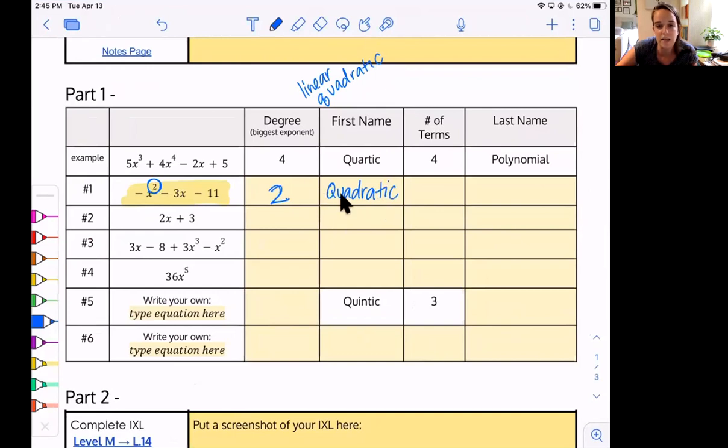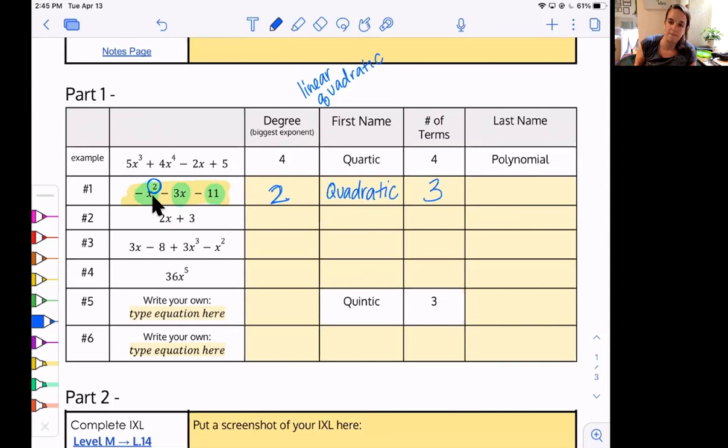Okay, so it's quadratic. And then the last name is based on how many terms there are. So how many things are being added or subtracted together? How many individual pieces are there? There's 1, 2, and 3, right? For sure. So this is 3. And then there's monomial, binomial, trinomial, or polynomial. So which word goes for 3?